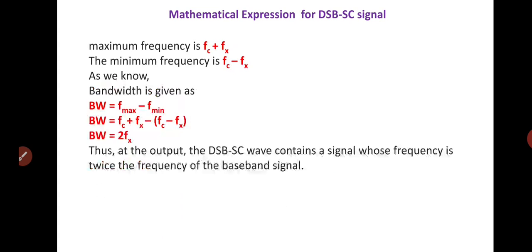So using the trigonometric identity, cos A × cos B = 1/2 [cos(A+B) + cos(A−B)], we will obtain the last equation. The last equation is given here.